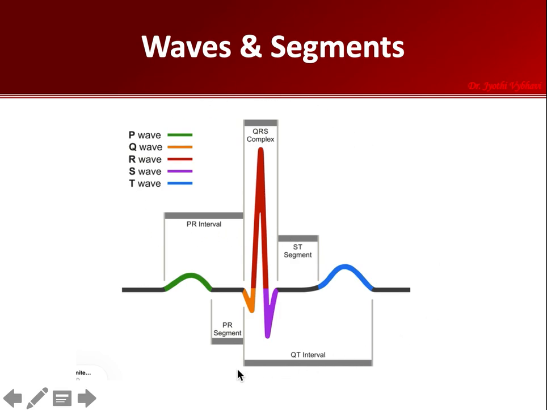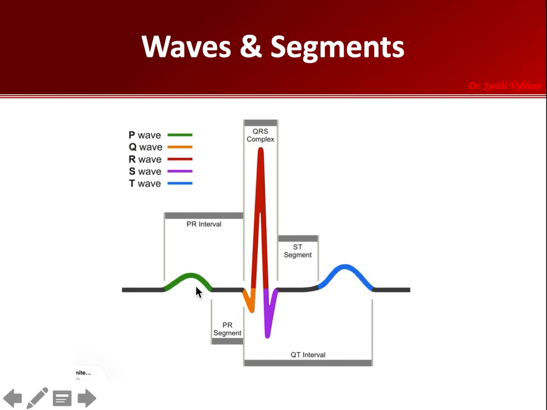So this is about the nomenclature of the waves and the segments. P wave, as we all know, is atrial depolarization. QRS complex: Q wave is septal depolarization, R wave is major ventricular depolarization, S wave is basal ventricular depolarization, and there is the ST segment. Then there is the T wave, that is ventricular repolarization. The waves are P wave, Q wave, R wave, S wave and T wave.